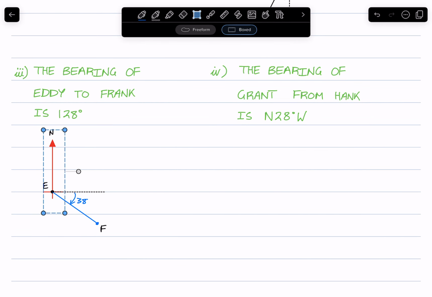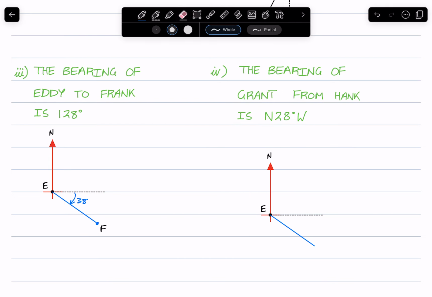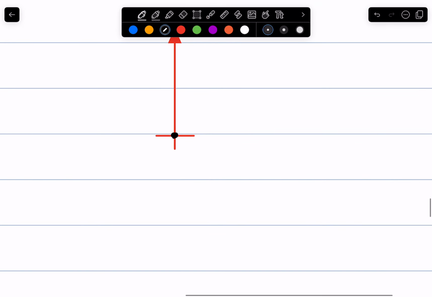Let's do the last one. So duplicate this. Okay, let's go from here. So it says the bearing of Grant from Hank is north 28 degrees west. Now, I hope you can see in this one, it's very clear. It says from Hank, meaning Hank is in the center of our compass rose here.